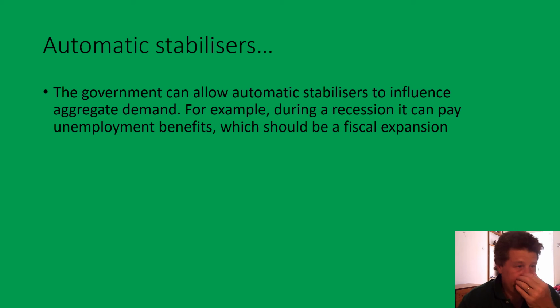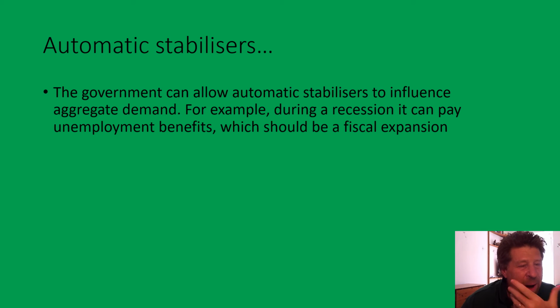So the government can opt just to allow automatic stabilisers influence aggregate demand. So for example, if we're going through a crisis and unemployment's going up, they may pay unemployment benefits automatically, and obviously those unemployed will be paying no tax.